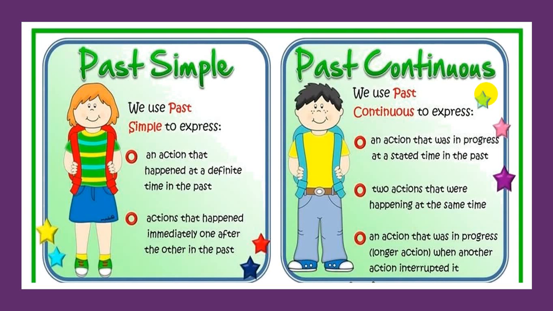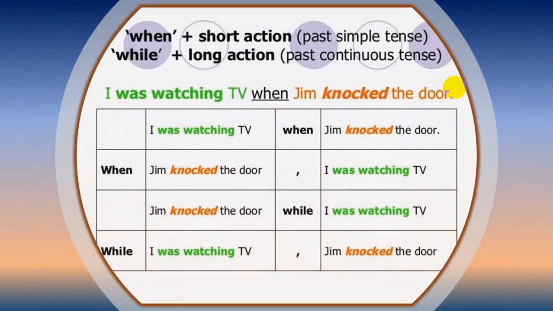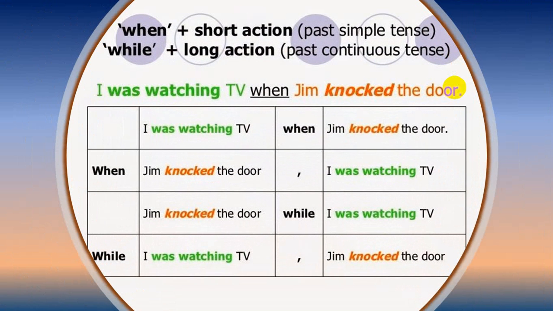So we can use conjunctions at this point to relate two sentences. We have two main conjunctions, when and while. When relates to a sentence, the first one shorter.